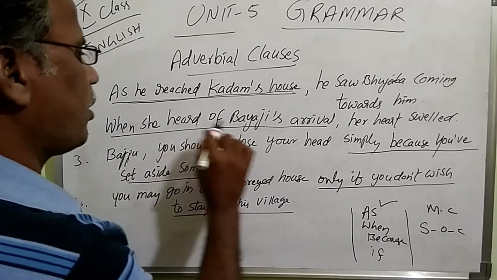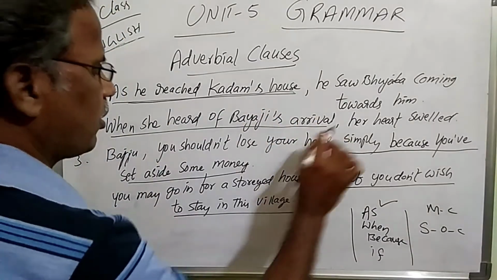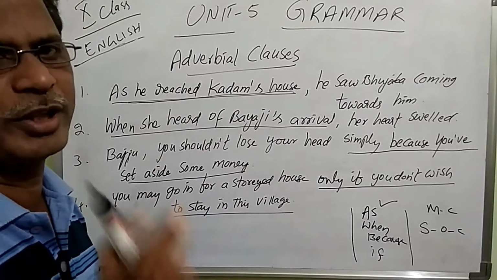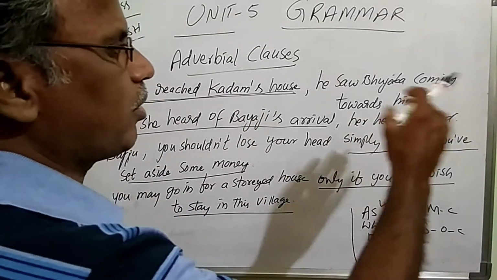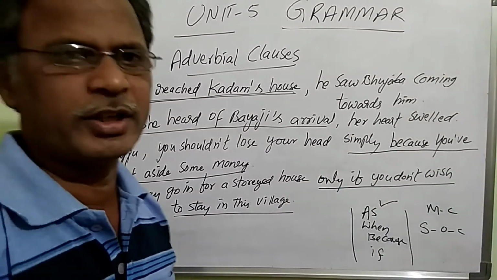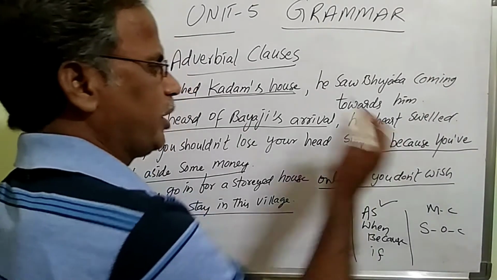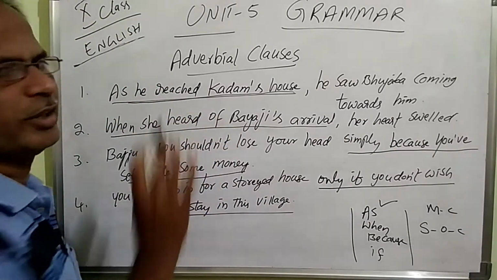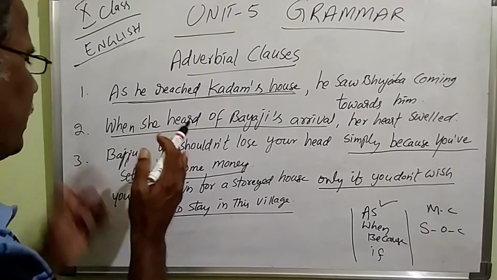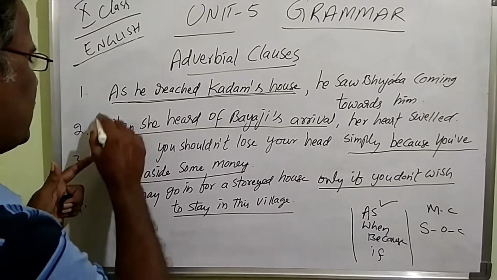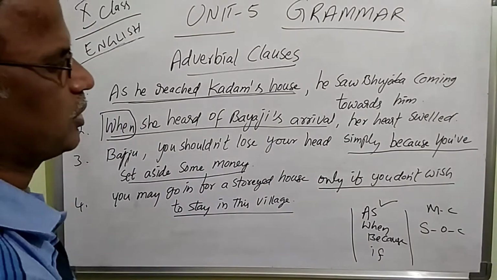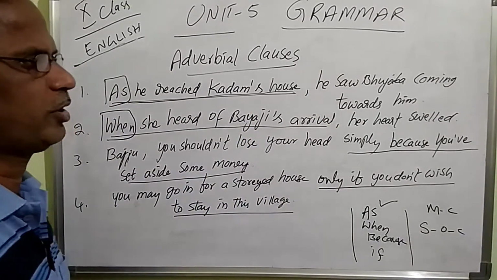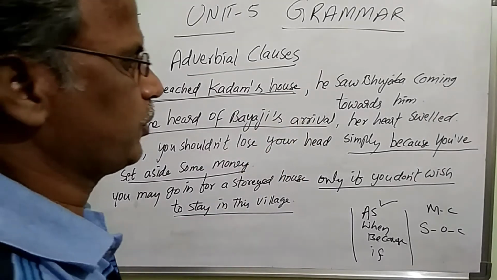This clause doesn't give the complete meaning, and the remaining clause, "her heart swelled," gives the complete meaning itself. So this part is a main clause, an independent clause, and the other part is a subordinate, dependent clause. Here the word "when" is used to combine the two separate clauses, just as "as" was used in the first sentence.